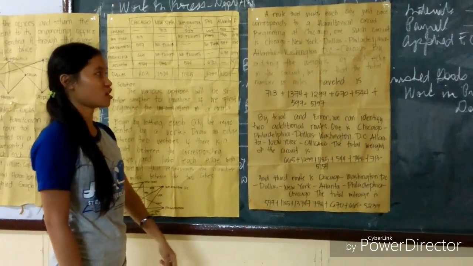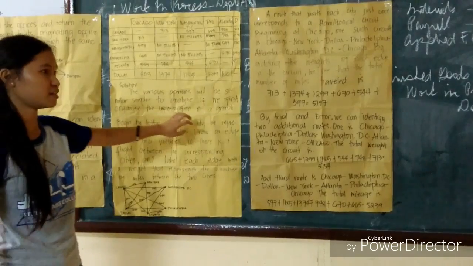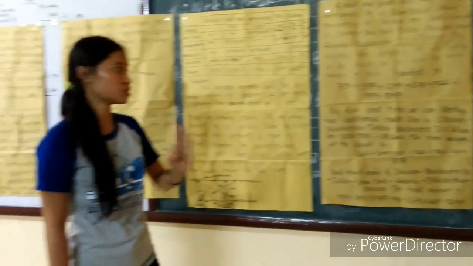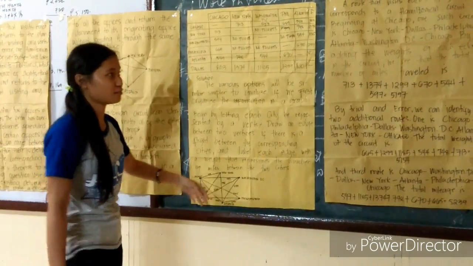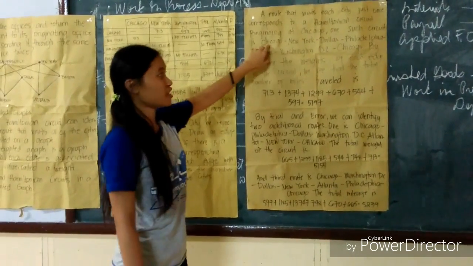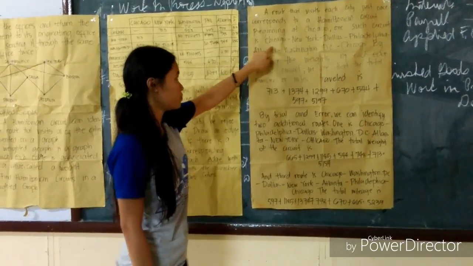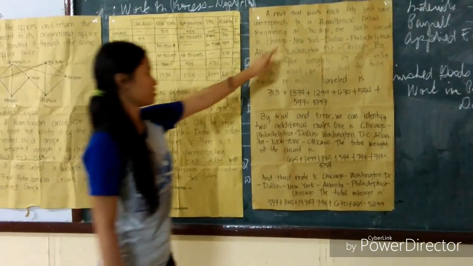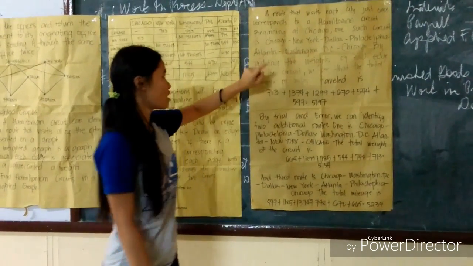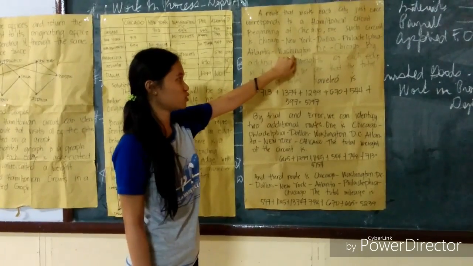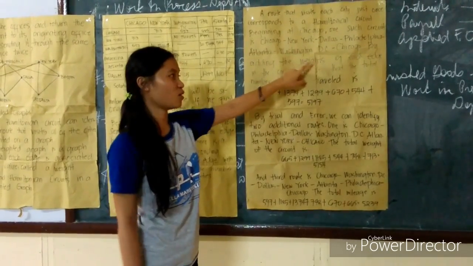Hamiltonian circuit. So we find 3 routes in this graph. Beginning at Chicago, one such circuit is Chicago, New York, Dallas, Philadelphia, Atlanta, Washington, then go back to Chicago.